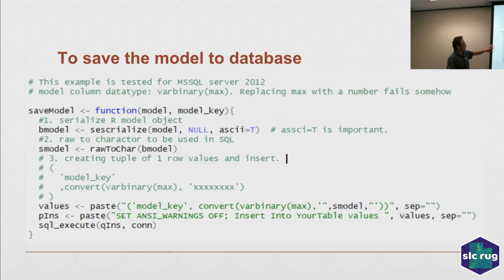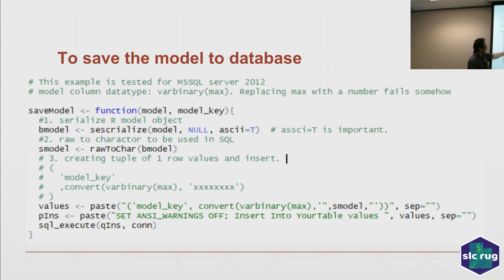Then you serialize that, and the return is what is called raw. I'm not sure if it's a data type, but it's called the raw data type. Then you need to convert that raw to character, so you finally convert your model to character. Later you're inserting that model into the database, so you create the one row that you're going to put in the database.